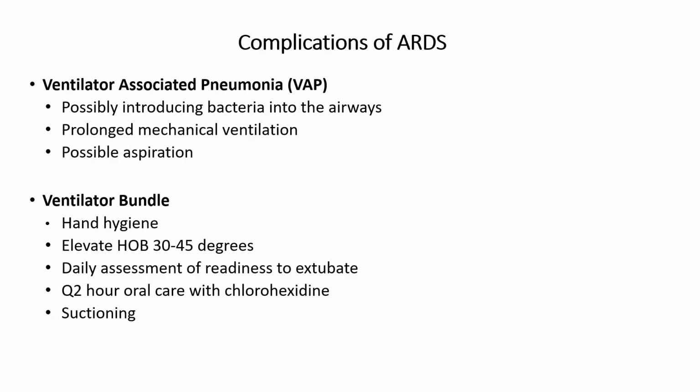Even with perfect care, the tube prevents the patient from clearing secretions normally, which allows bacteria to accumulate. Add the fact that ARDS patients often require prolonged mechanical ventilation, sometimes for days or even weeks, and the risk increases even more.